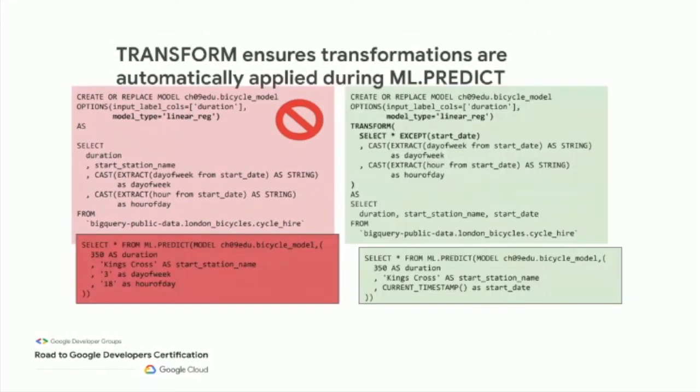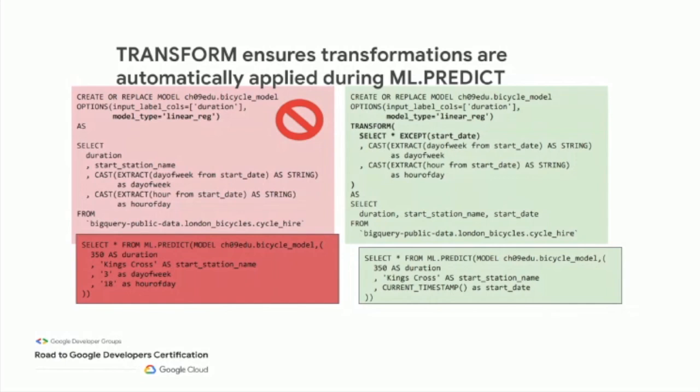So Transform ensures that the transformations are automatically applied during the machine learning prediction, right? As we saw before, we don't really want to use our features for the client code.